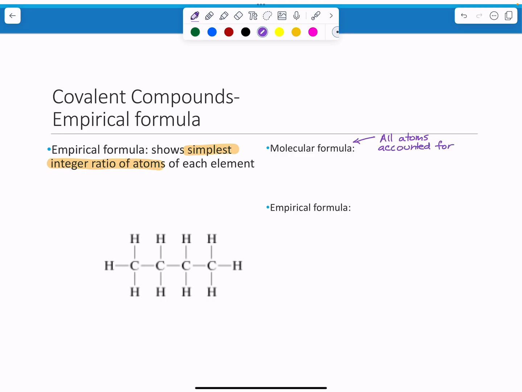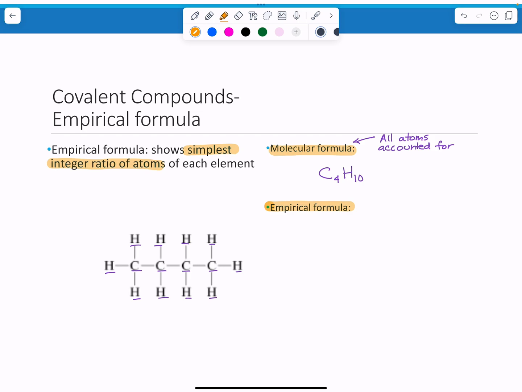We've got 4 carbons, so we'll subscript 4, and 10 hydrogens. This is the molecular formula. All the atoms are shown. But you'll notice these are a multiple of 2, so I can write the empirical formula in a simpler way.